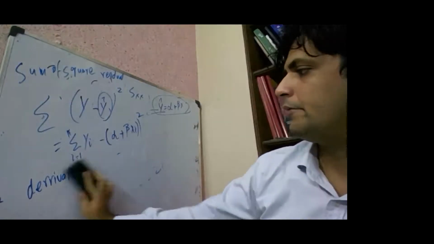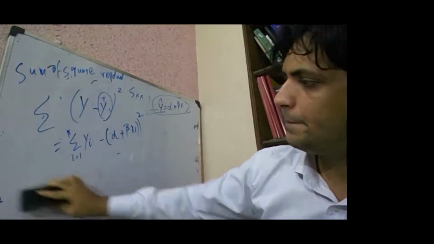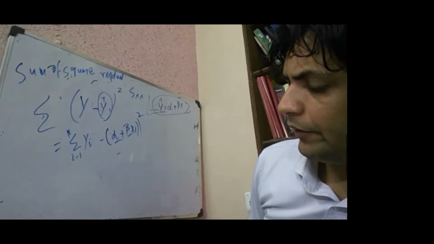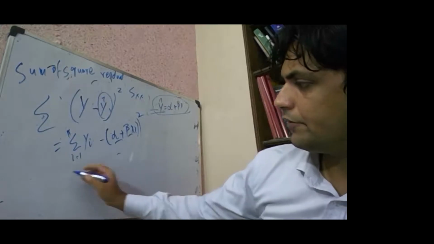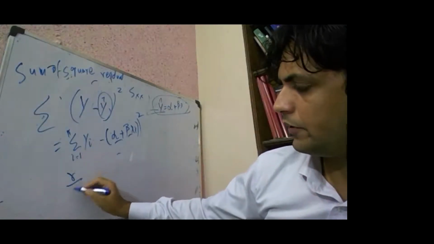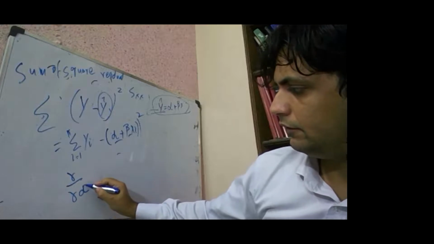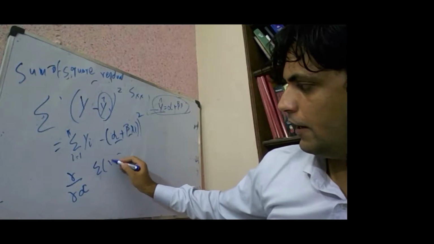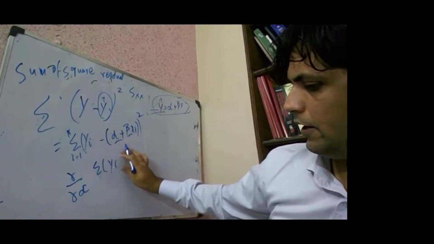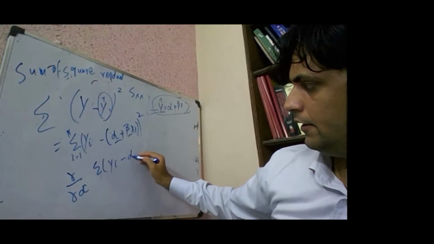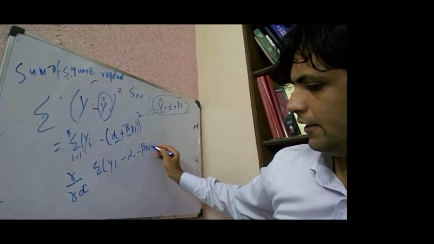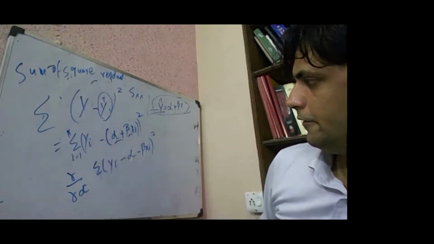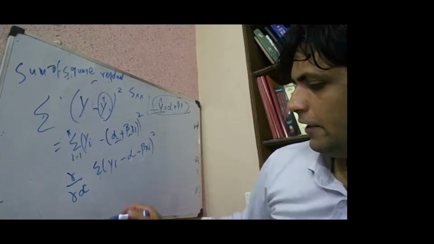Now let's take the derivative of this equation to find alpha and beta. First, we need to derive with respect to alpha. This is alpha, so we have the sum of yi minus alpha minus beta xi, all squared. After opening it, I take the derivative.